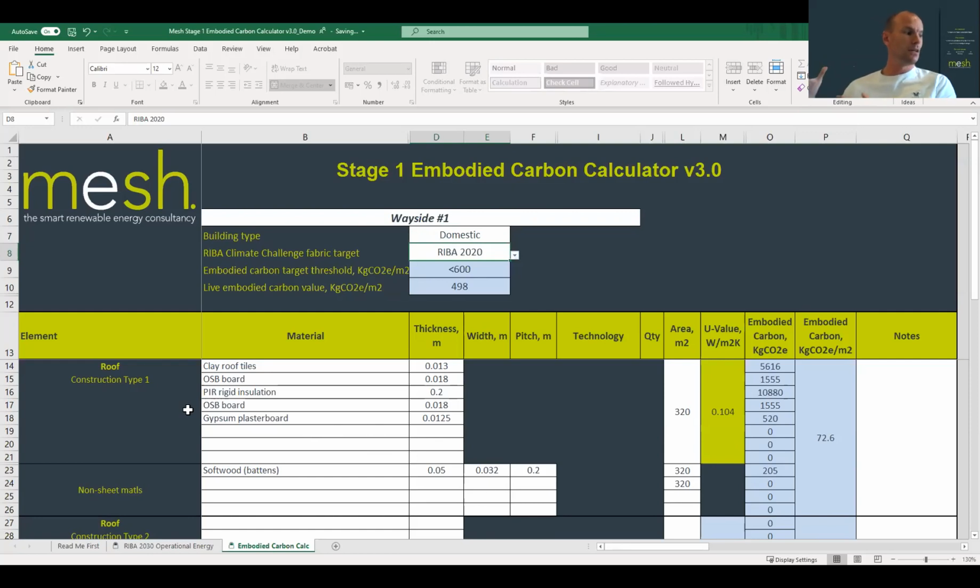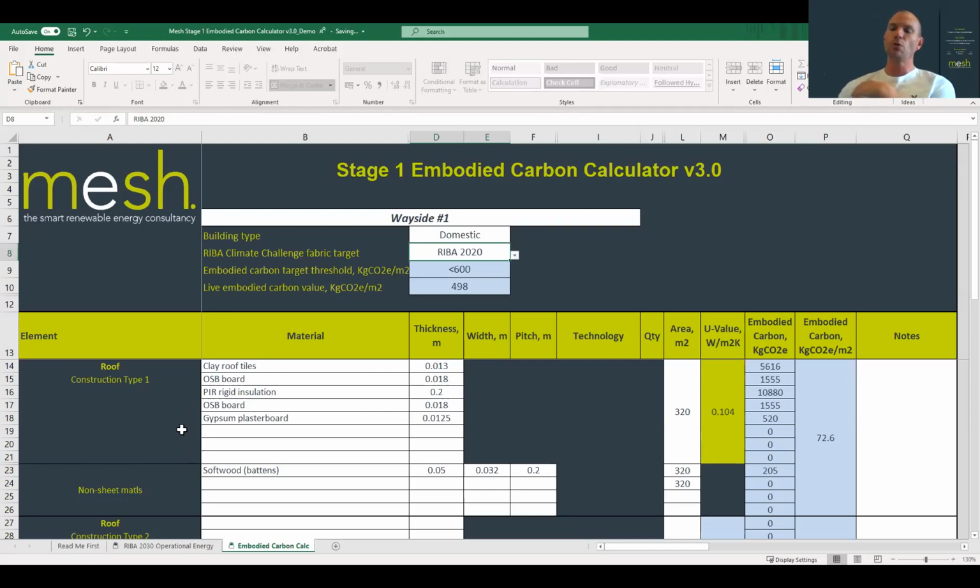It uses trusted figures from One Click LCA, which is a professional tool that's used for doing whole project embodied carbon analysis. But the level of detail that we're putting into this calculator is simply to give you design direction and to give you a far better handle on the type of materials and whether they're good or bad, and to give you a reasonable degree of accuracy, but not so much accuracy that we get lost in cells and cells and tabs and tabs and it gets utterly unusable.